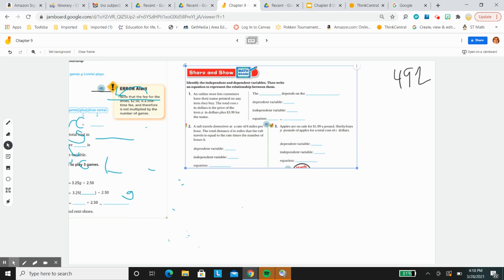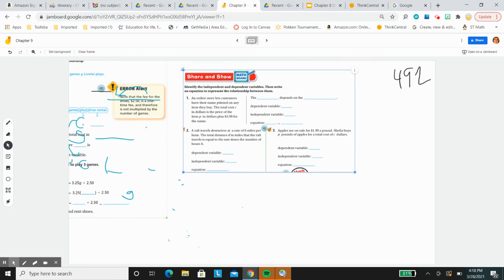The cost, that total cost, depends on the price. So I tell myself I can't know what I'm going to pay unless I first know the price, correct? So that means that the dependent variable is the cost. The independent variable is going to be the price.